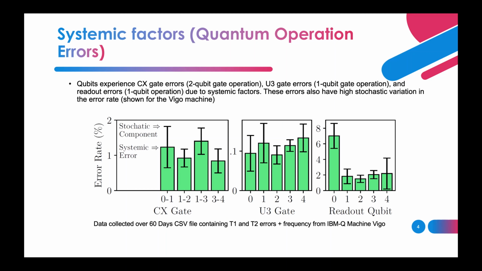And the time that you have before this wave or electron normally decays into the state 0, that would be the T1 error. And T2 is other qubits causing your specific qubit, let's say qubit 0, to rotate or change state from 0 or 1 to some other state.